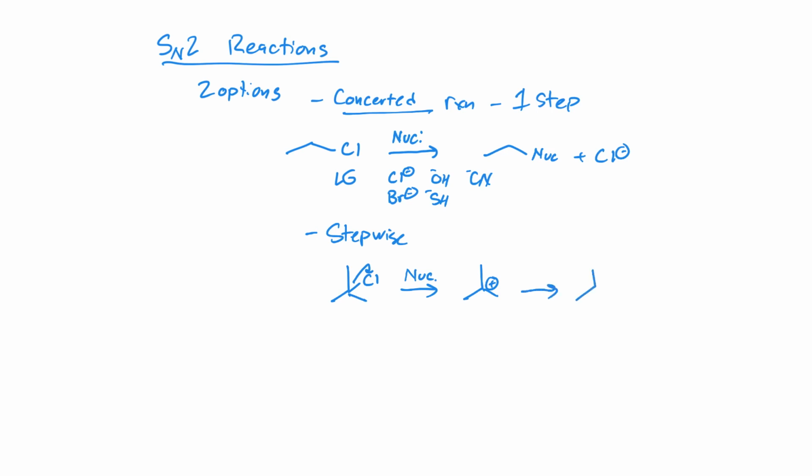The second step is adding the nucleophile to the cation to ultimately substitute the chlorine for a nucleophile. But this is a two-step process. We're going to call the first one, the one-step process, SN2. We're going to call the stepwise process SN1. And our discussion in this video is going to focus on the SN2 process.